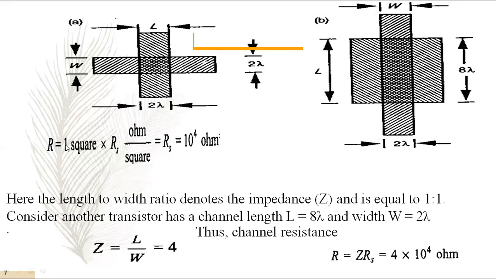Here, Z into RS, where R is the total resistance. R equals Z into RS.